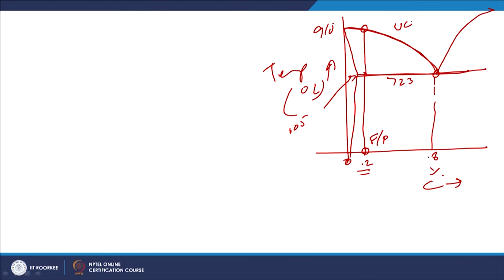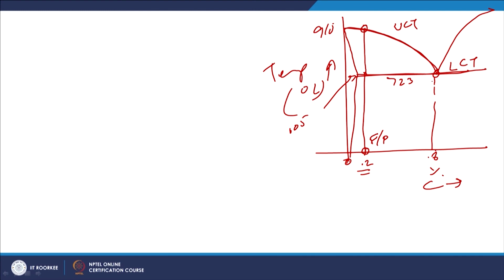So, UCT and LCT. For fully austenitic transformation of ferrite and pearlite into austenite, we need to heat it above the upper critical temperature, and the value of the upper critical temperature will keep changing with the change in percentage of carbon present in the steel.